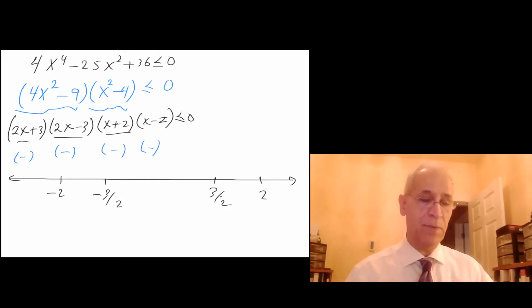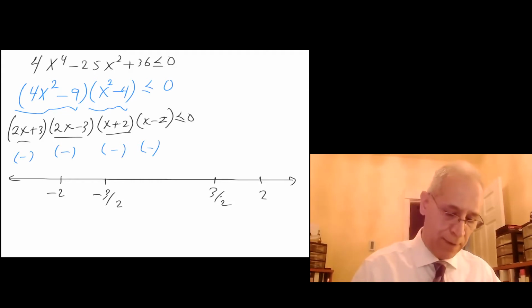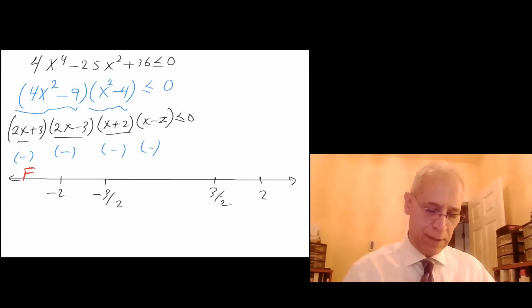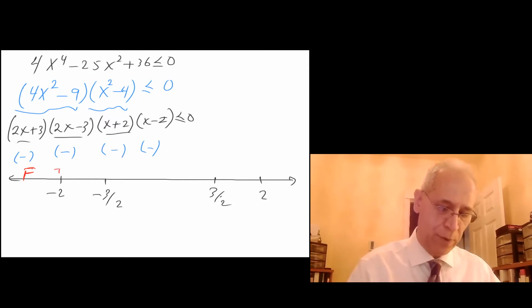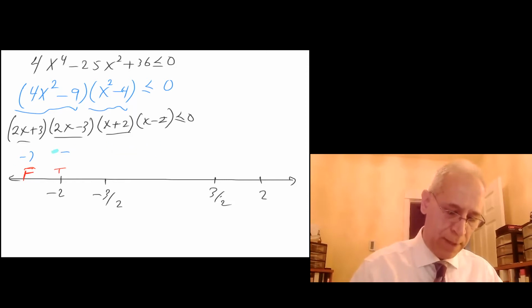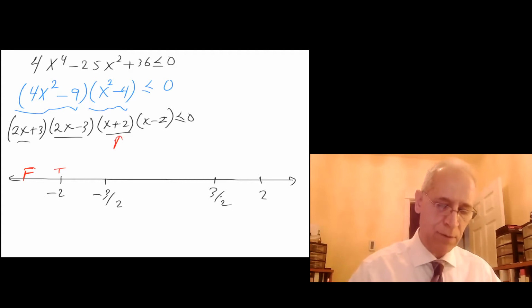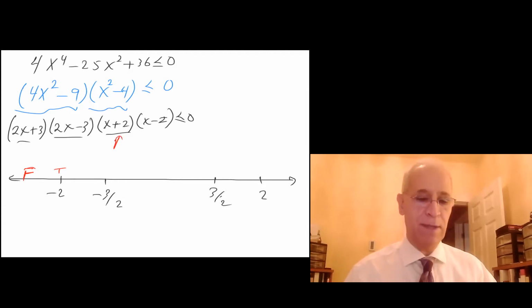A positive number cannot be smaller than or equal to 0, so I don't have any solutions to the left of −2. −2 itself is true, because when you plug in −2 in here, that's 0. 0 times anything is 0, and 0 is smaller than or equal to 0.